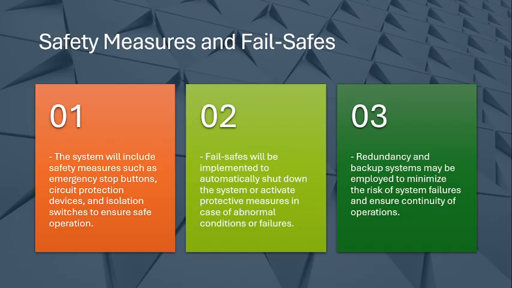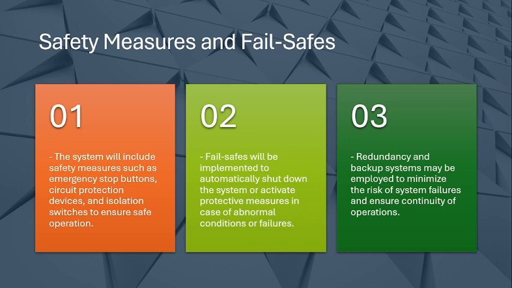For that, we have to ensure safety measures and fail-safes. The system will include an emergency stop button, circuit protection devices, and isolation devices to ensure safe operation, as well as automatically operated breakers. Fail-safes will be implemented to automatically shut down the system or activate protective measures in case of abnormal conditions, failures, or any fault.